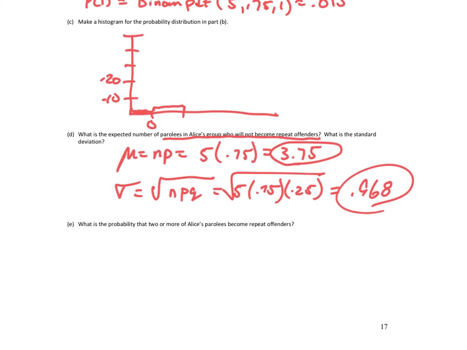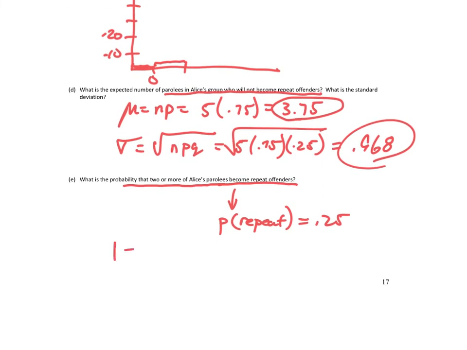What is the probability that 2 or more of her parolees become repeat offenders? Now the probability of a repeat is 0.25, correct? What's the probability that 2 or more become repeat offenders? That would be 1 minus the probability of 1 or less.